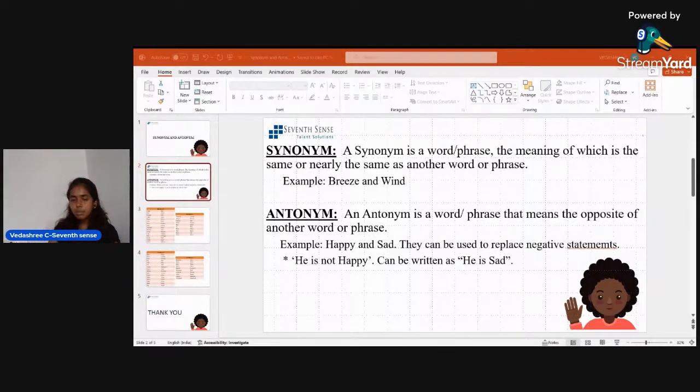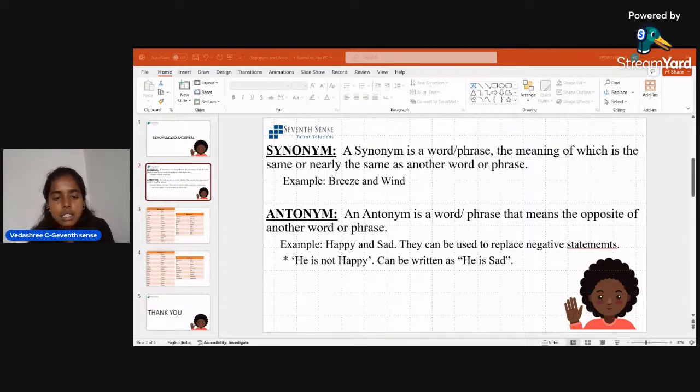So a different word with the same meaning. Right? The meaning of the word will be the same. Synonyms are similar words, and antonyms are opposite words. So synonyms is nothing but same meaning, different words.